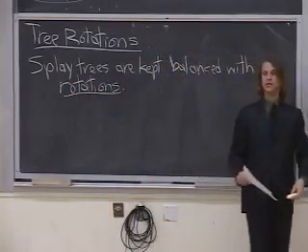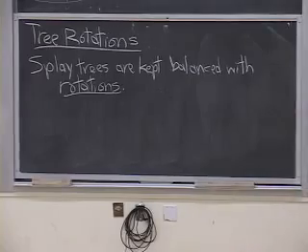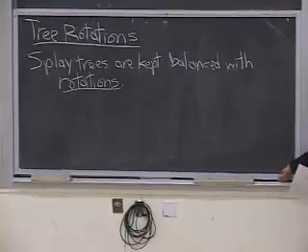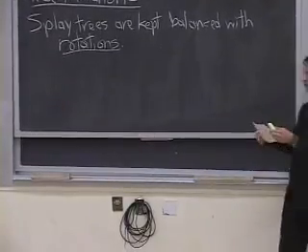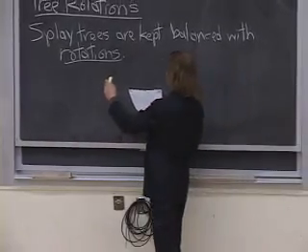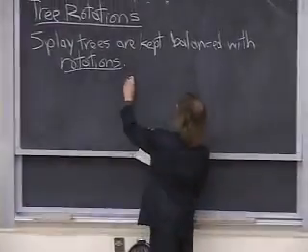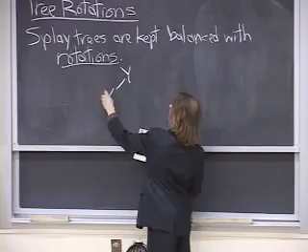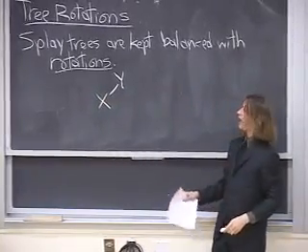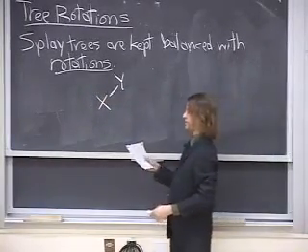We saw one kind of rotation in 2, 3, 4 trees, and in binary trees, rotations are just as simple or simpler. Here's what one looks like. Suppose you have a key y with a left child x, and they might have whole subtrees underneath them.